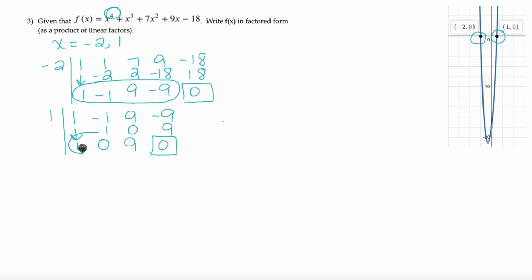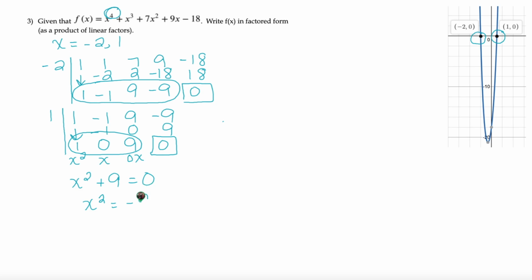We have 0 x's, x, and x squareds. So x squared plus 9 is 0. So this would be pretty easy to solve. Subtract 9 from both sides, giving us negative 9.